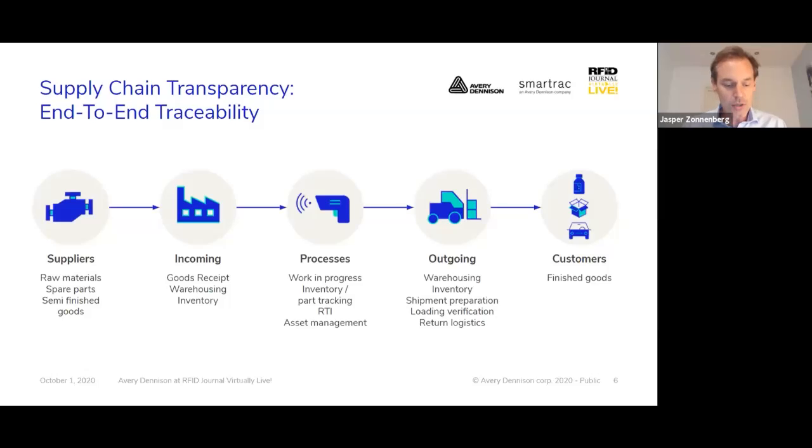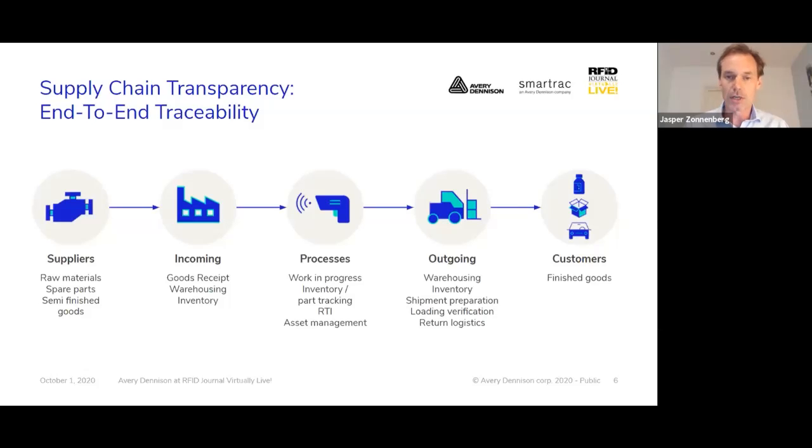From a process perspective, RFID really allows for real-time data capturing. It is all about reduction of human errors. It is a much faster in or out management of products. And you can do real-time inventory counts. If you look at what that now means from a business perspective, it really gives you an enhanced asset visibility.